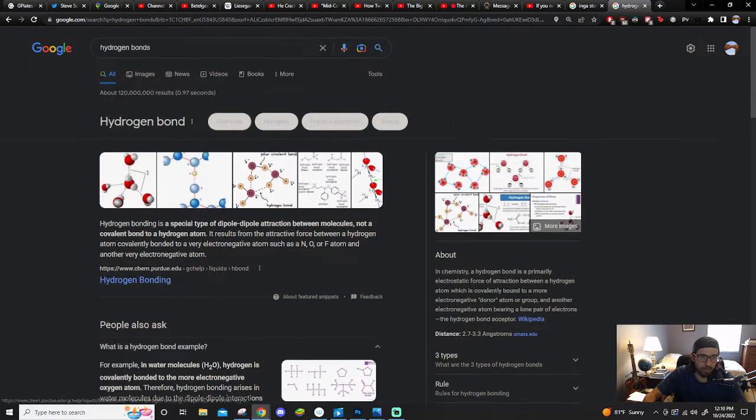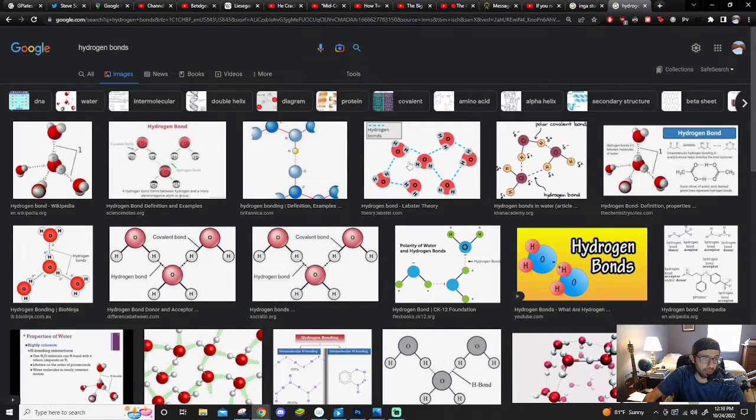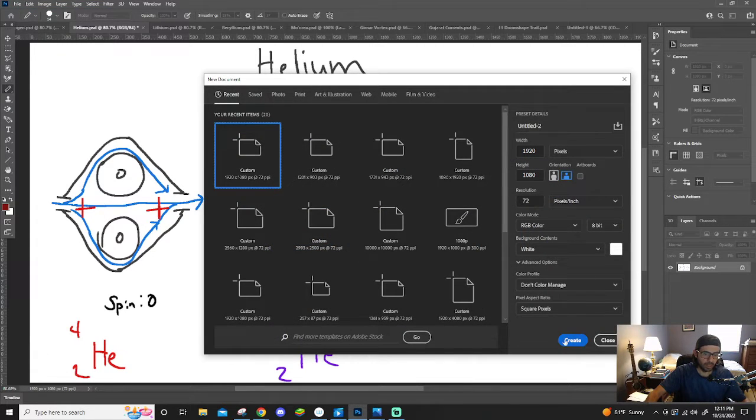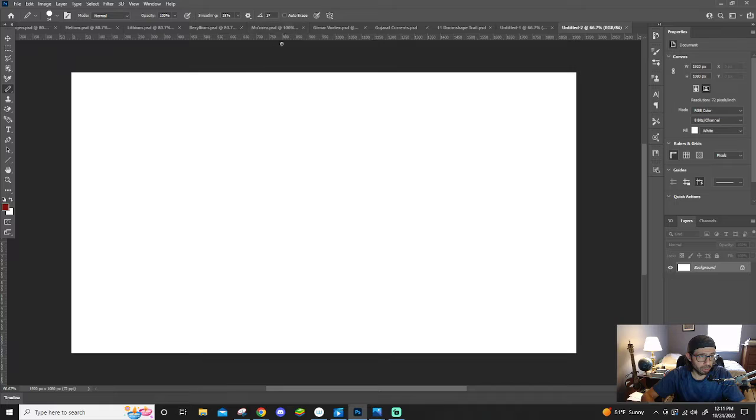Okay, so let's just look at some images though. Hydrogen bonds, this kind of thing. So maybe let's imagine new water.